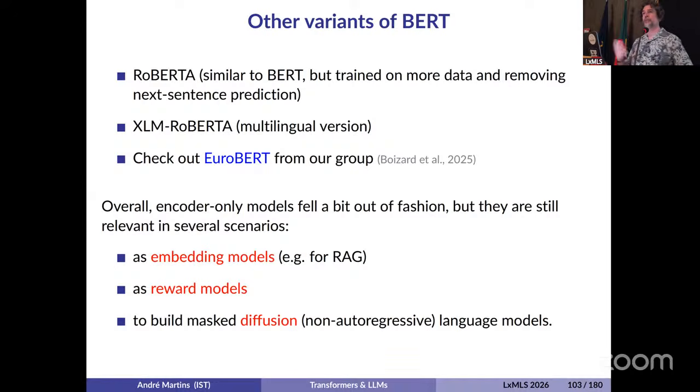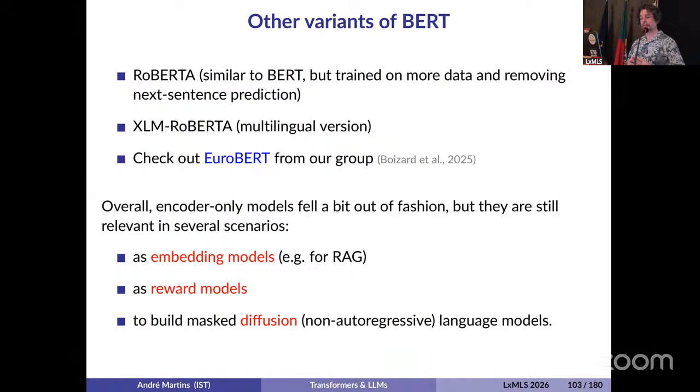If you have a RAG, retrieval augmented generation system where you combine information that you can index with generation, then you need to produce embeddings for the text that you are indexing, and encoder-only models are a good choice for that because they can typically be much smaller than decoder language models. You can also train encoder-only models as reward models, because in reward models you are trying to produce a score for a given answer. You don't need to generate, right?